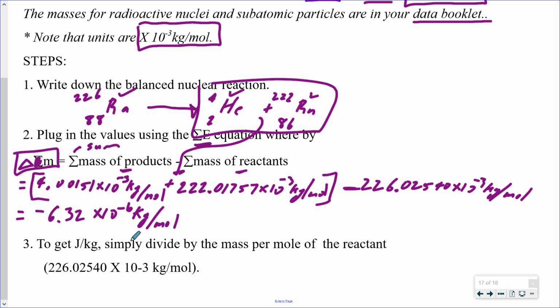Okay, so this is our change in mass, but now I'm going to multiply it by the speed of light squared. So that is 3.0 times 10 to the 8 meters per second, and this is all squared. When you do that, that's now going to give us our change in energy.